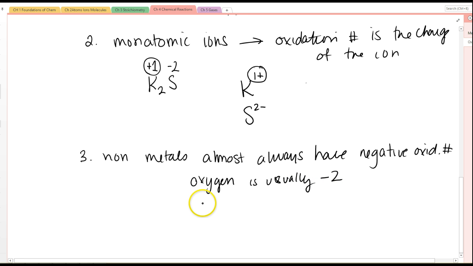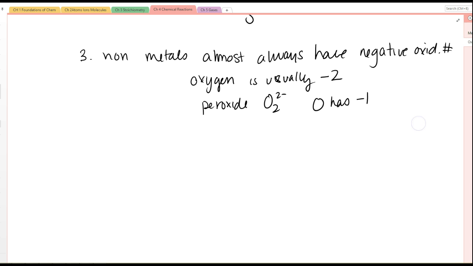However, if it's in a peroxide, like O2 2-, each O has a -1 oxidation number. The other one that you need to be aware of is hydrogen. H will have a +1 oxidation state when paired with nonmetals.